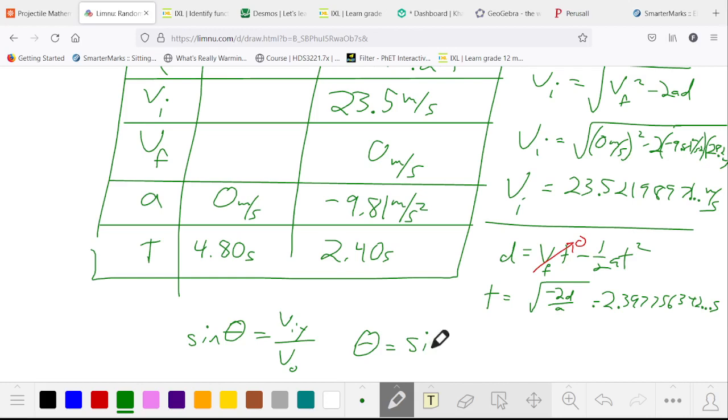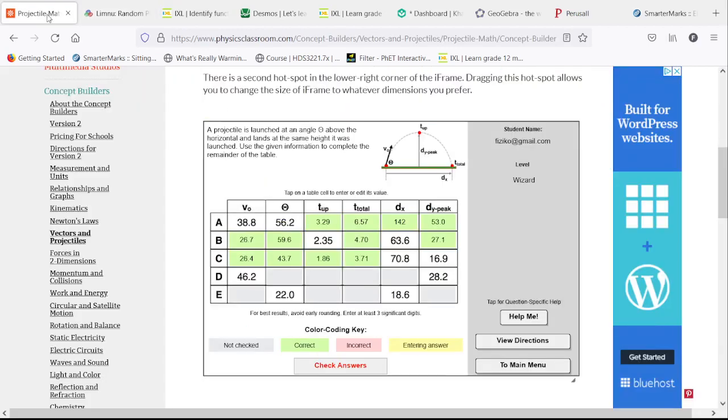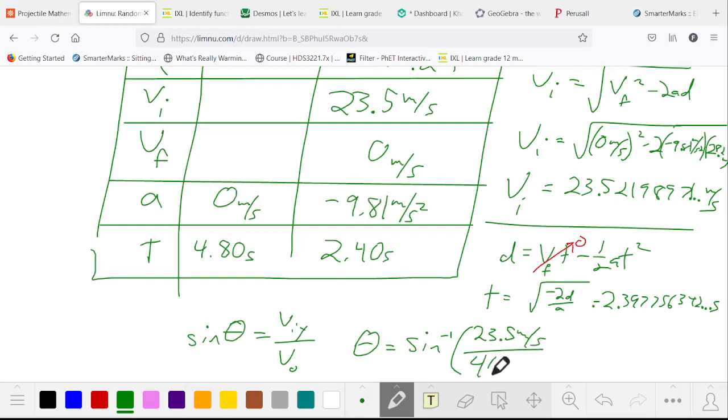So our angle is the inverse sine of 23.5 meters per second divided by our initial overall velocity of 46.2 meters per second. So our angle is going to be very close to 30 degrees, I believe, if I'm doing my estimation correctly. 30.6061615 degrees.